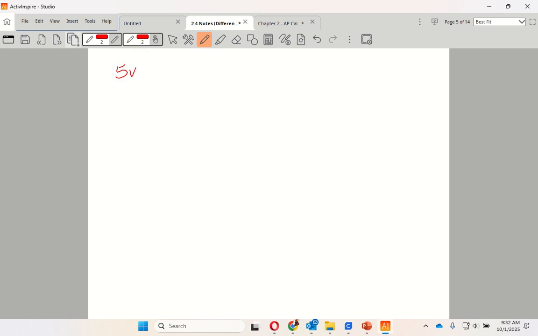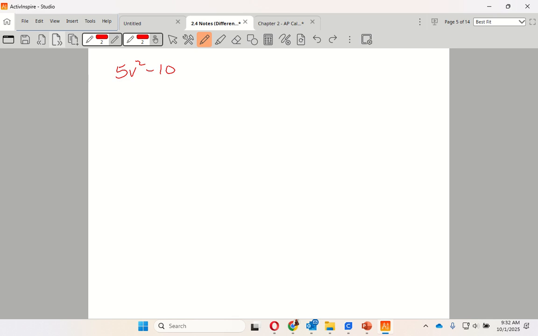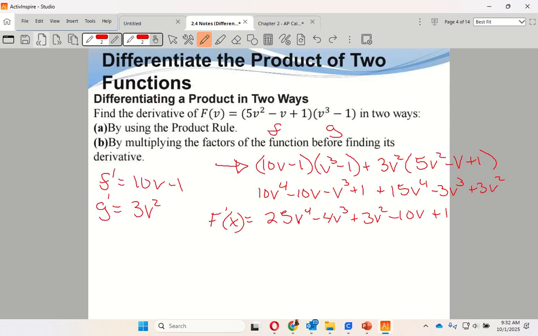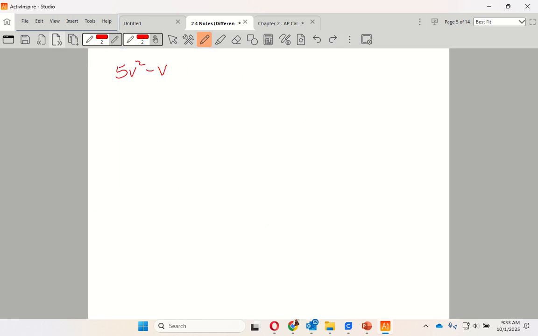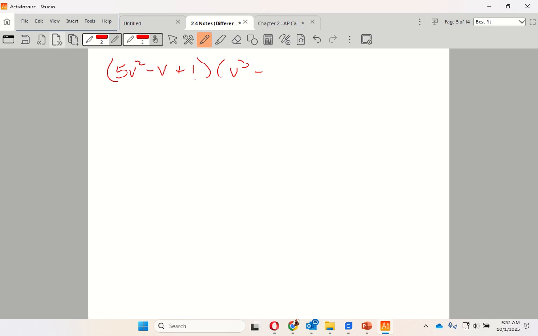5v squared, was it minus 10v? No, minus v, sorry. Minus v plus 1, and v cubed minus 1. Alright, so I'm going to distribute. So I'm actually going to just distribute this all the way through.